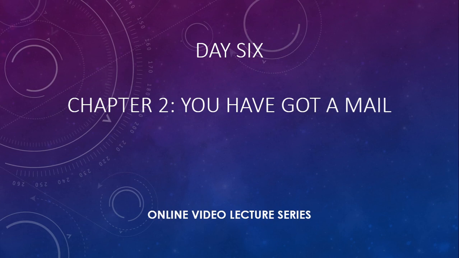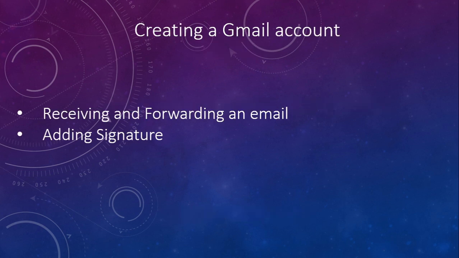You have gotten me. So, in today's lecture session, we will discuss two topics. One is receiving and forwarding an email, and the second one is adding a signature. Yesterday, if you remember, I sent a mail to three different mail IDs.